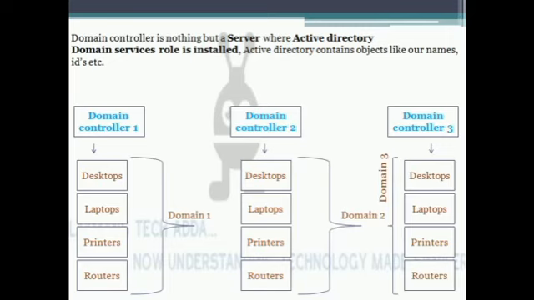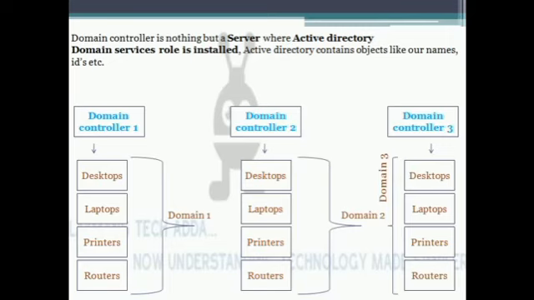If there are a couple of systems in one of the domains of the company, only the users belonging to that domain can be granted permission to use the network devices or log in to the systems of that domain. Users from other domains or projects can be restricted from those network devices or systems. Like you can see on the screen, you have three domains, three domain controllers as well.